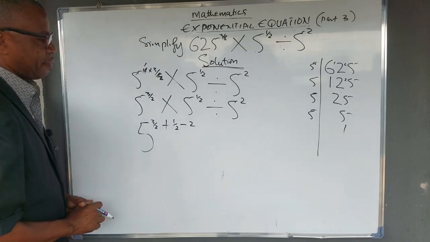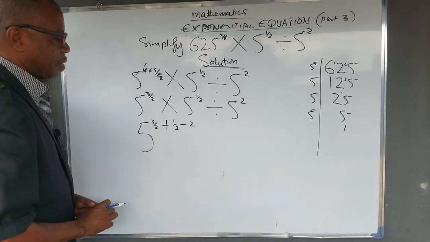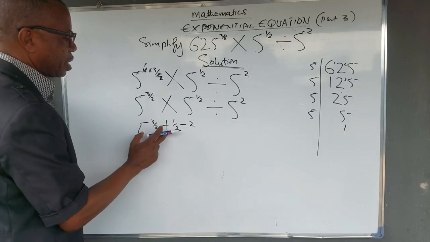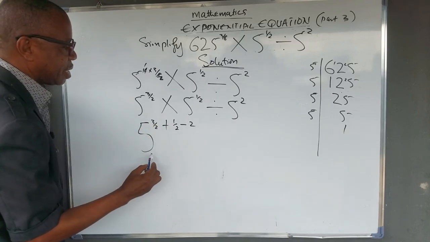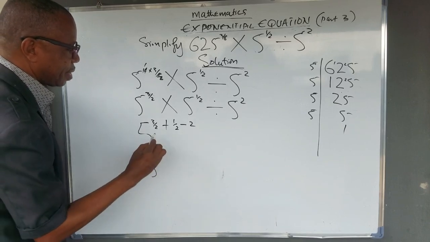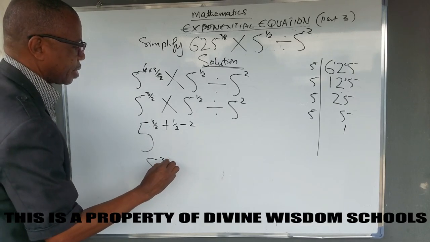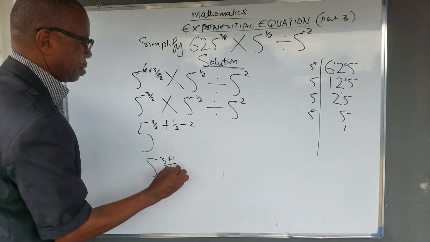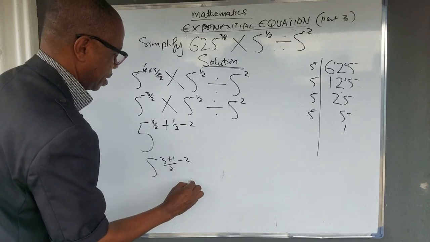If you have the same denominator, it is the same thing as saying 3 plus 1 over 2 minus 2.